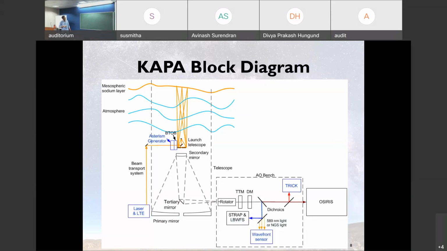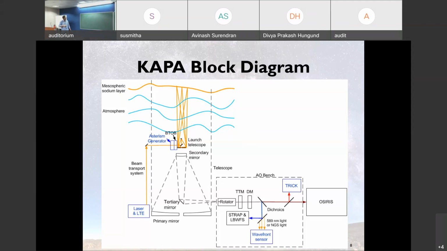Even the uplink tip tilt mirrors have to be controlled about 100 to 200 times per second, because there will be a lot of changes because of small flexures, changes in the way the telescope moves, and how the sodium layer behaves.